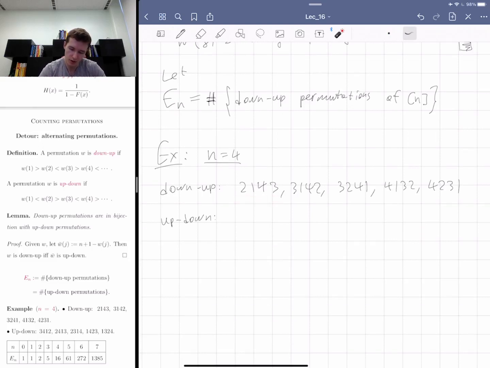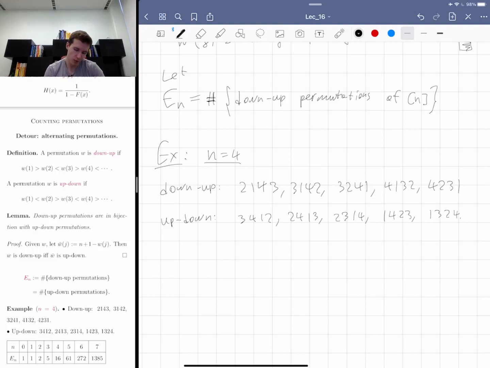So you replace 2 by 3, 3 by 2, 1 by 4, and 4 by 1: 3, 4, 1, 2, 2, 4, 1, 3, 2, 3, 1, 4, 1, 4, 2, 3, and 1, 3, 2, 4.